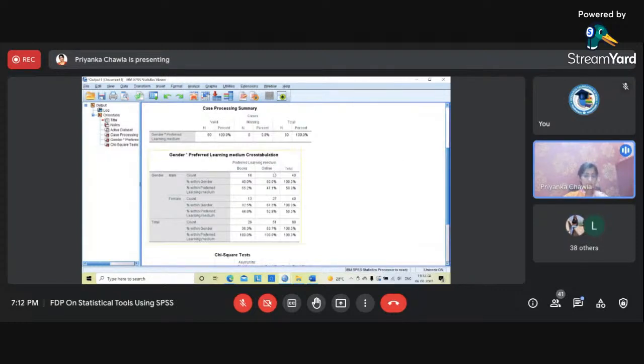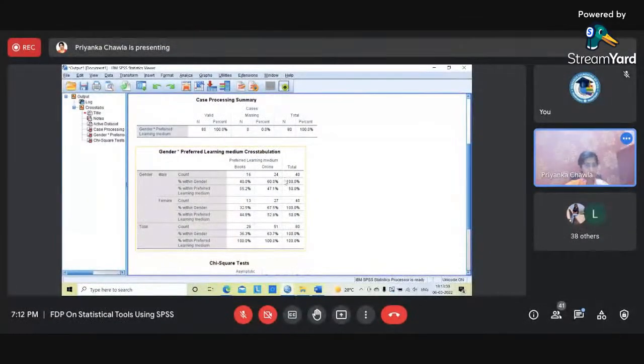Out of 40 males, 16 prefer to read from books and 24 prefer to read online. That means 40% like to read from books and 60% from online mode.